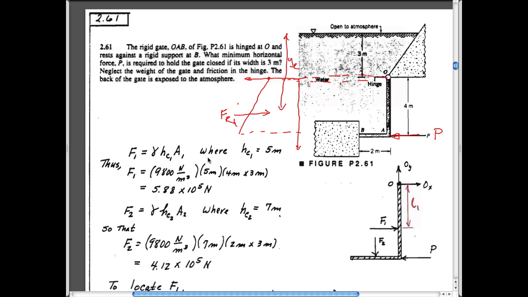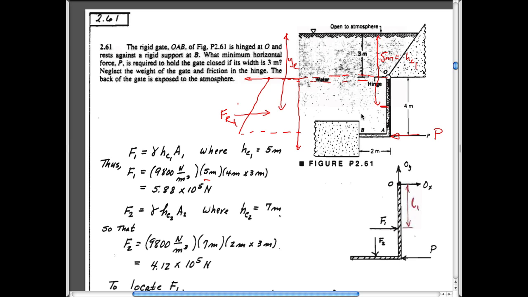The unit weight is that of water. What's the depth of the centroid? The center of this plate is HC1, which is right in the middle, 3 meters plus 2 meters. So that is 5 meters. And the area of the plate is 4 meters times 3 meters into the page. Okay?